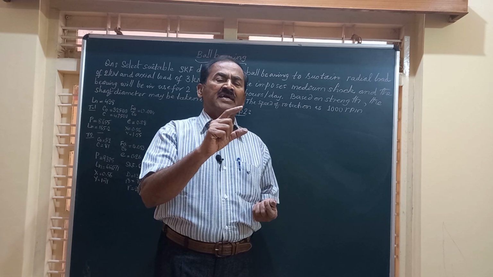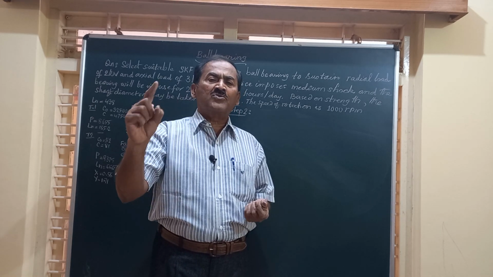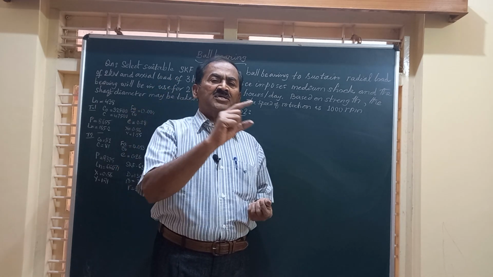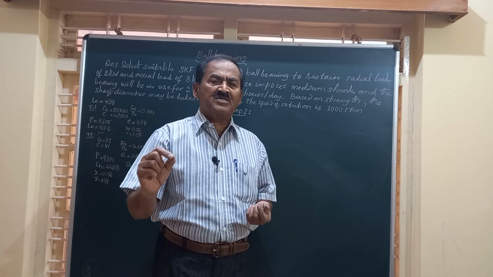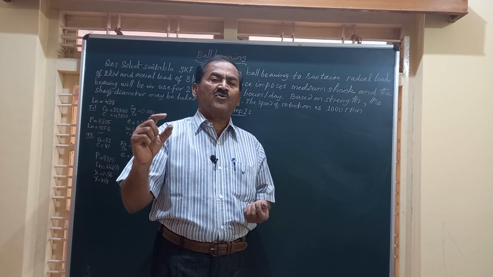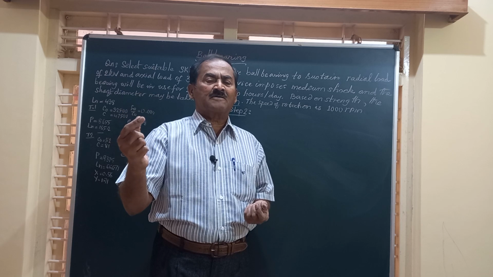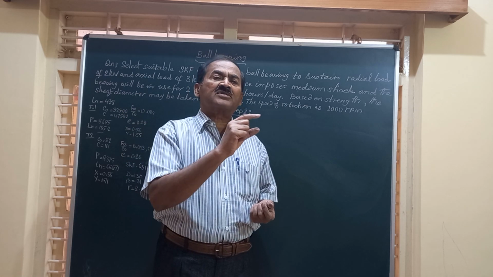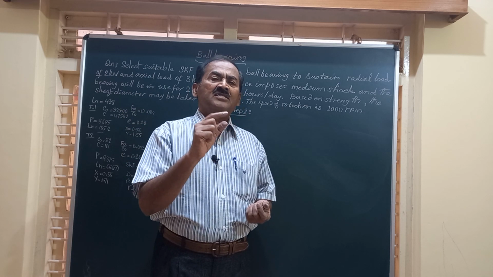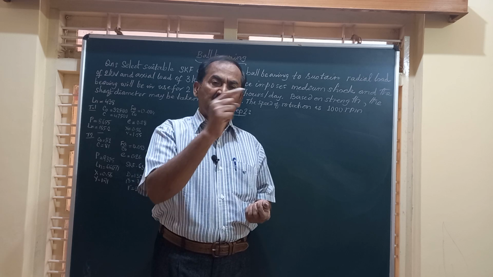So we are going to try 6002, that's called light series, 6003 medium series, 6004, that is heavy series. So after every step, we calculate the life of that particular bearing.